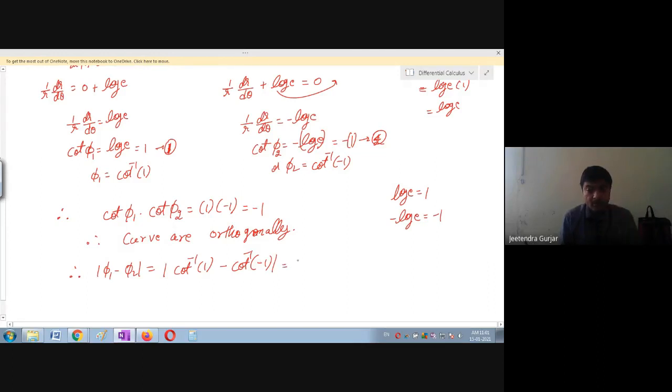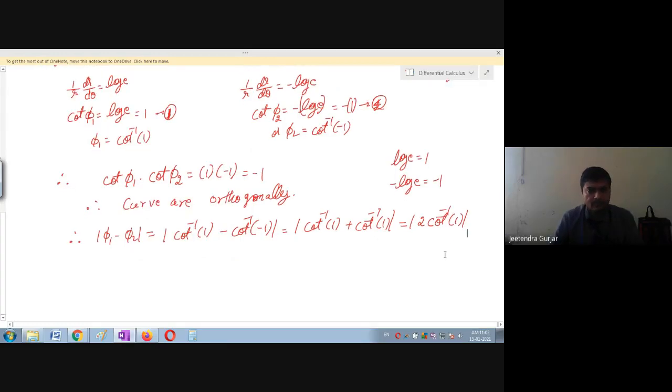Therefore, this is equal to modulus of cot inverse 1 plus cot inverse 1, which is equal to modulus of 2 cot inverse 1. Is it clear, students?